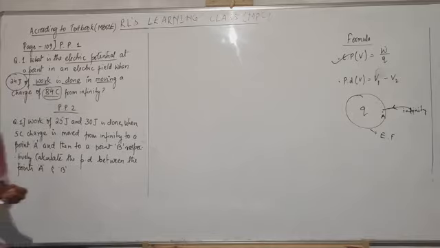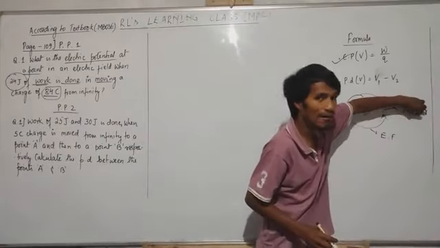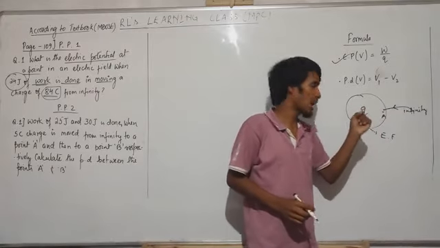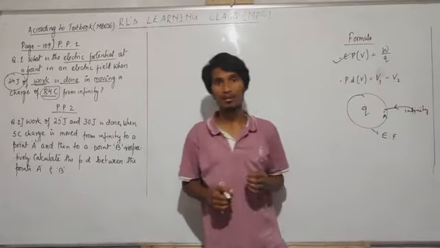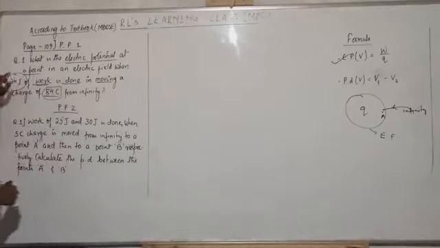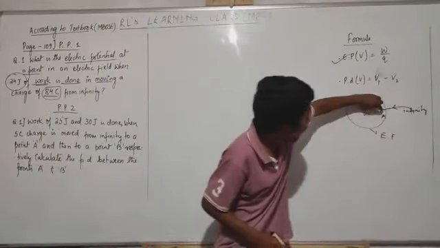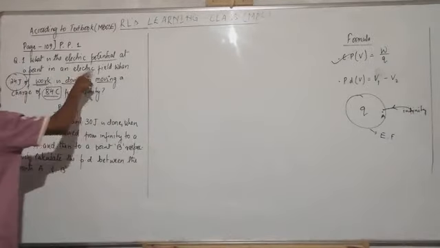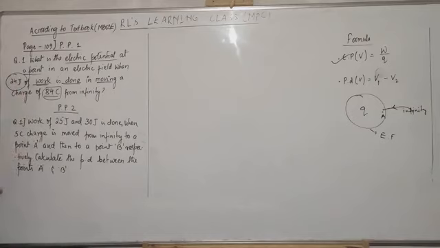This 84 coulomb, from infinity we have to take it and place it at point A. Then what is the electric potential at that point? This is the question. What is the electric potential at this point in the electric field, when 24 joule of work is done in moving a charge of 84 coulomb from infinity?